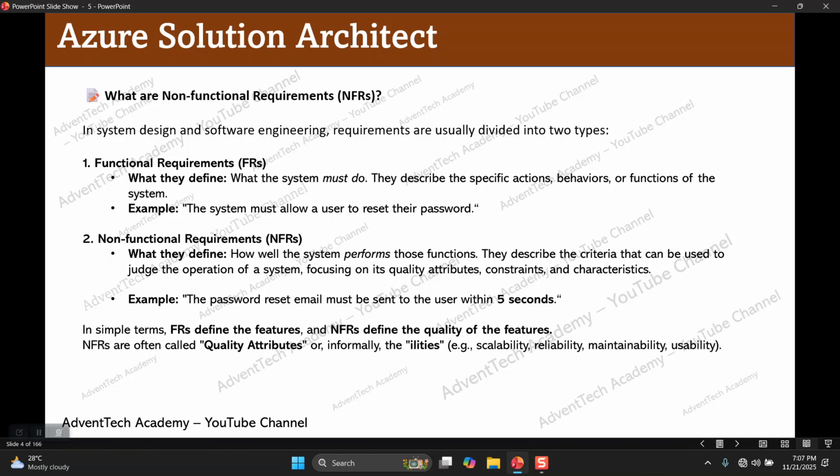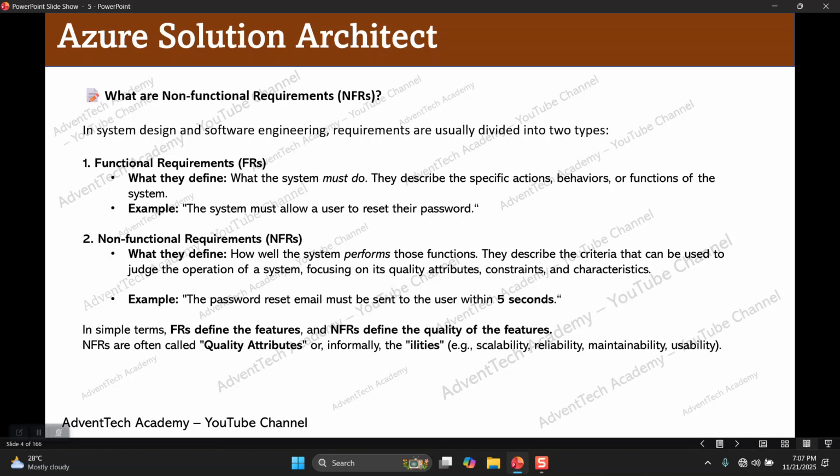Non-functional requirement, NFR. The non-functional requirement defines how well the system performs those functions. For example, if you deploy any web service, you will configure the web apps and hand over to the respective team. If the application is performing well, fine.